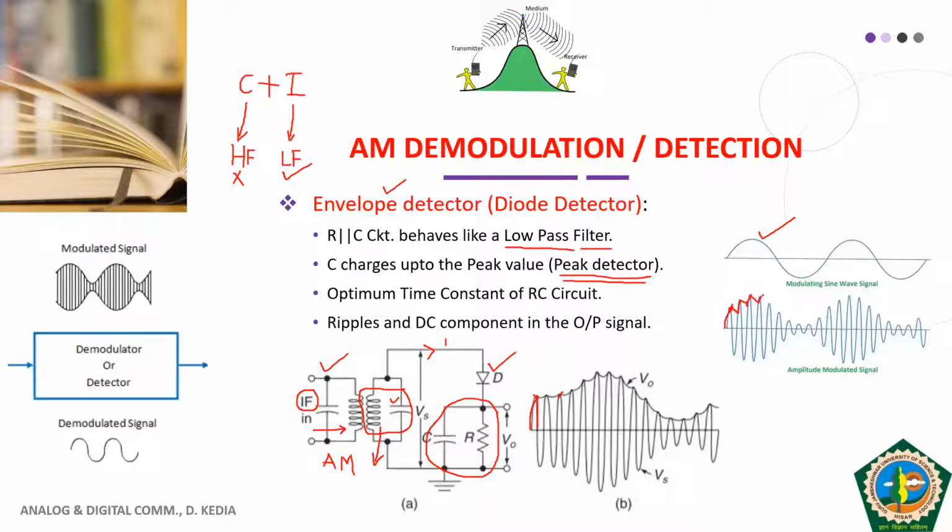So as soon as a peak is encountered, my capacitor charges to that value, and during the gap when the signal value is less than the value across the capacitor, my capacitor tends to discharge. This is how my RC circuit detects the peak of the signal.